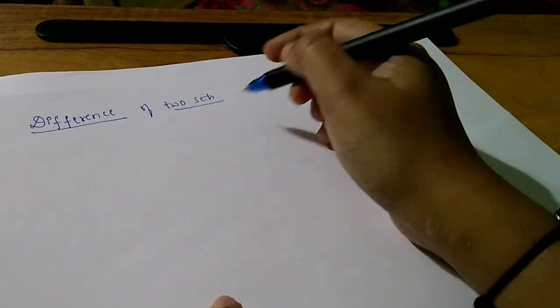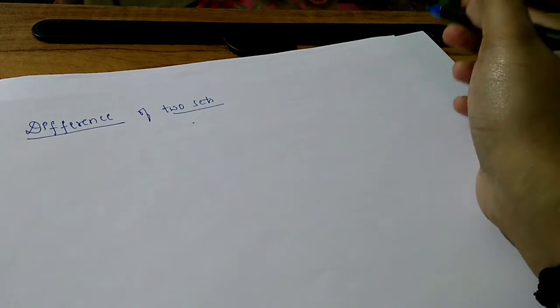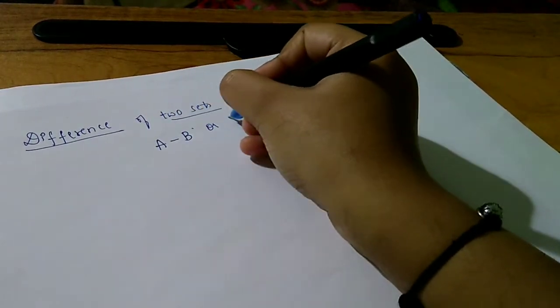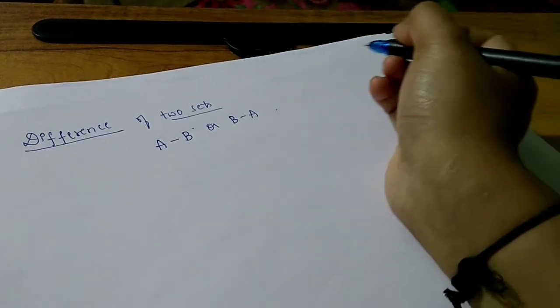So next, the most important thing is what? Difference of two sets. Difference means what? A minus B or B minus A. What does this actually mean?